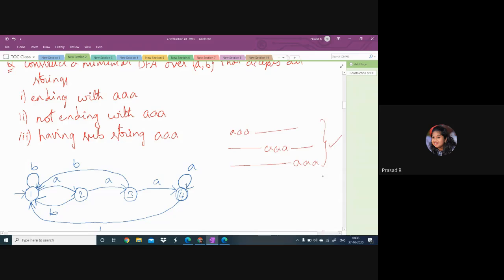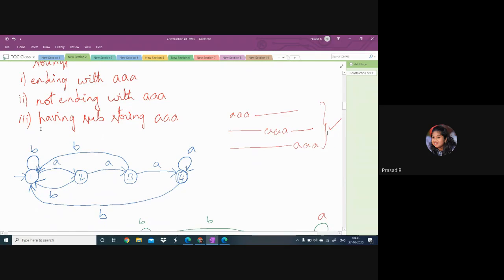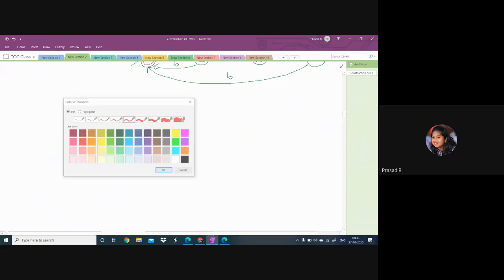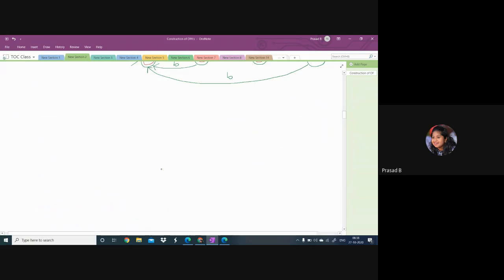All these strings have substring AAA. So here also, what is the smallest string having substring AAA? AAA itself. AAA can be at the start, in the middle, or at the end.